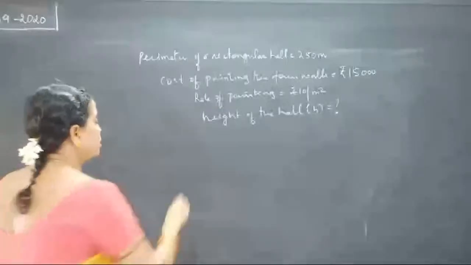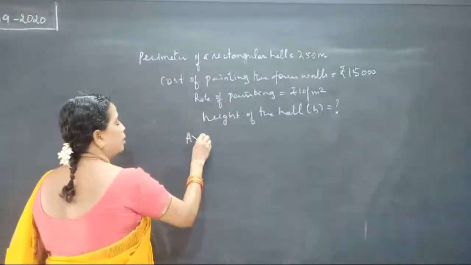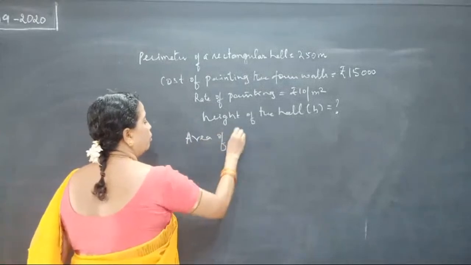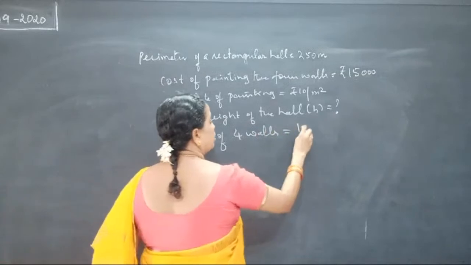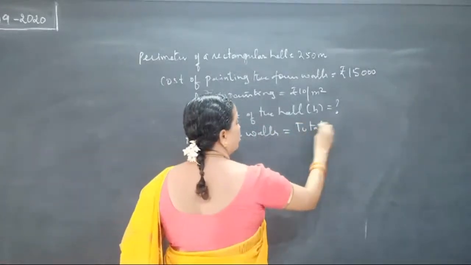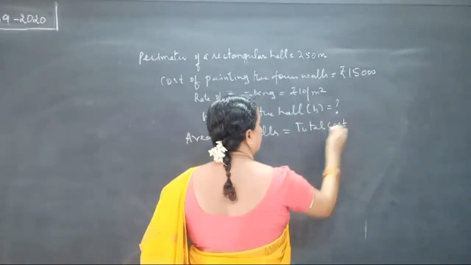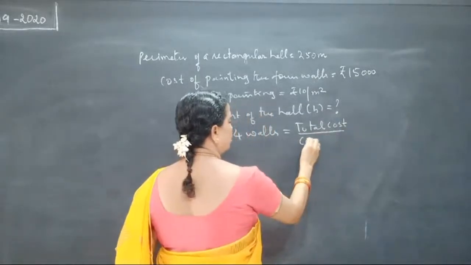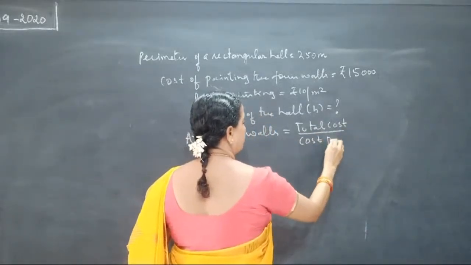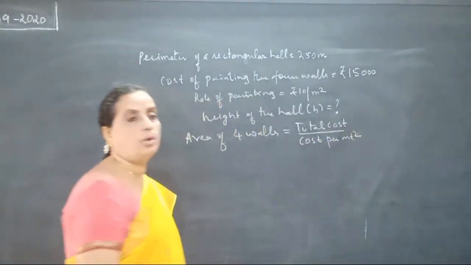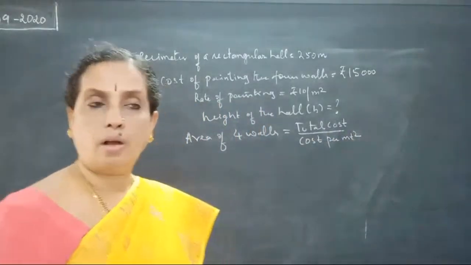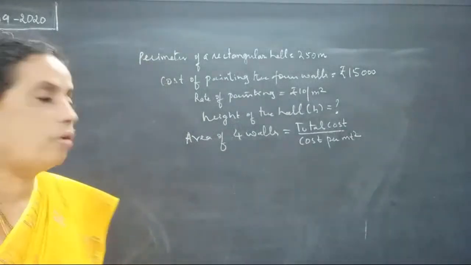Okay, that means area of 4 walls equals total cost divided by cost per meter square. Are you agree with this? Total cost divided by cost per meter square gives the area of the 4 walls.